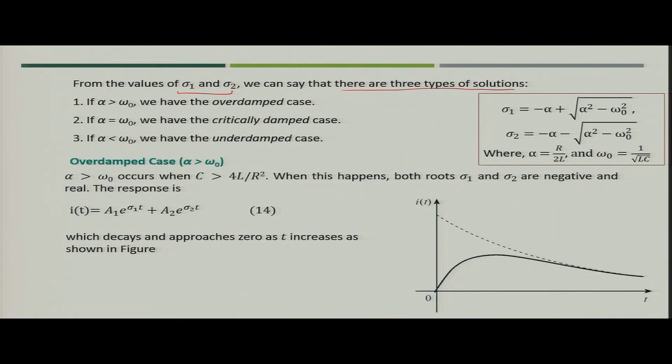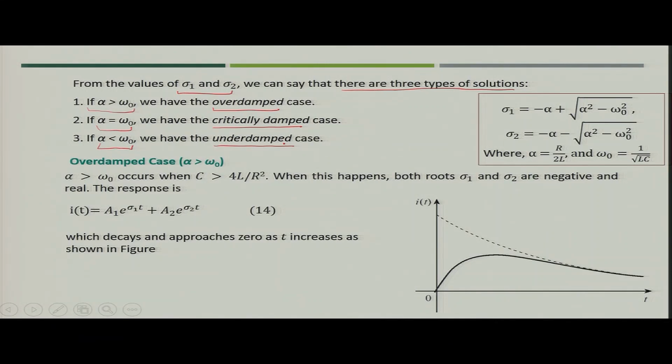What are those solutions? One is when alpha is greater than omega naught. In that scenario we say this is an overdamped case. When alpha is equal to omega naught, we say this is a critically damped case, and if alpha is less than omega naught, we have an underdamped case.